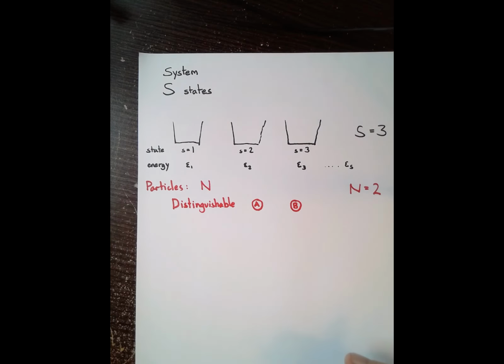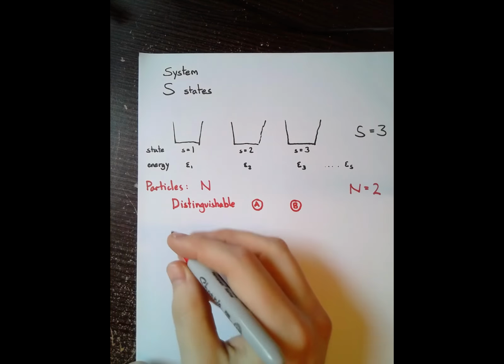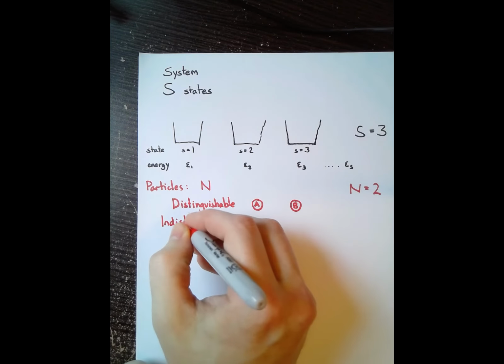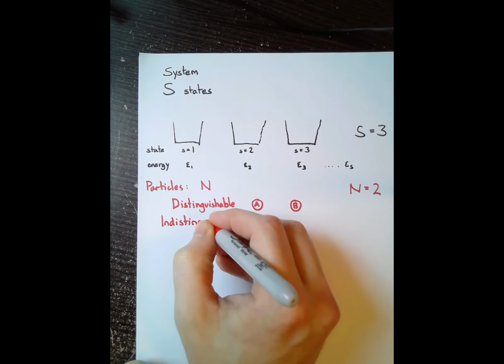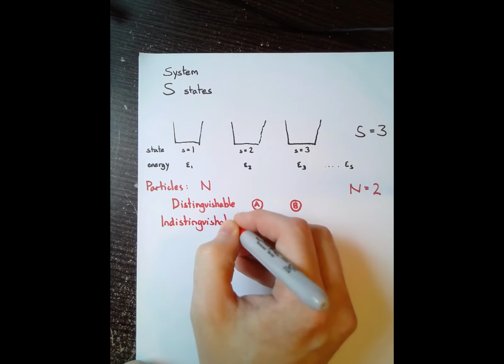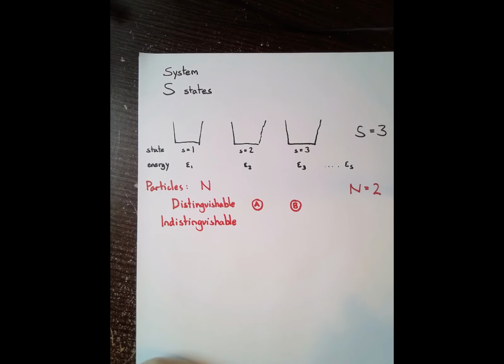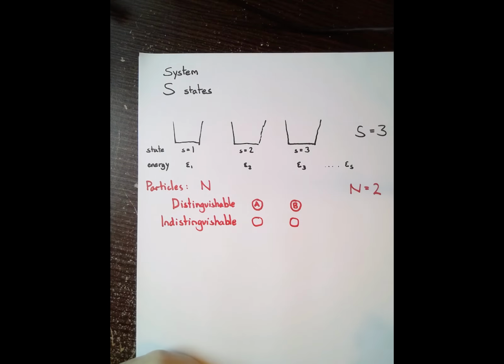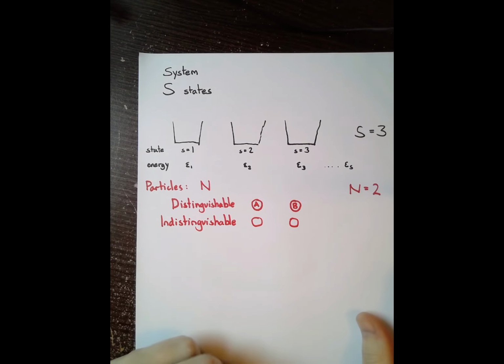Now, it turns out, though, that the rules of quantum mechanics prohibit you doing that. In the quantum world, particles are indistinguishable, in which case I can't label 2 particles. They are just 2 identical circles, and I can never ever know which one is which.